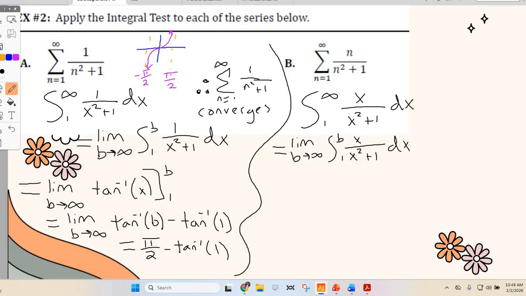Now this one is one where it might be helpful, because there are going to be a couple of steps, to come over and just look at our integral first. What would I have to do in order to take that integral? What am I making my u?